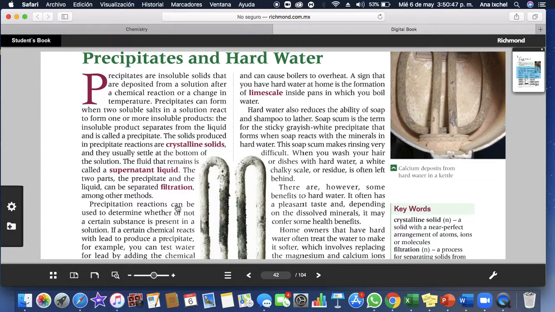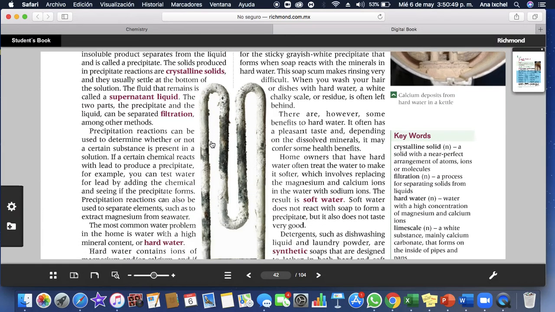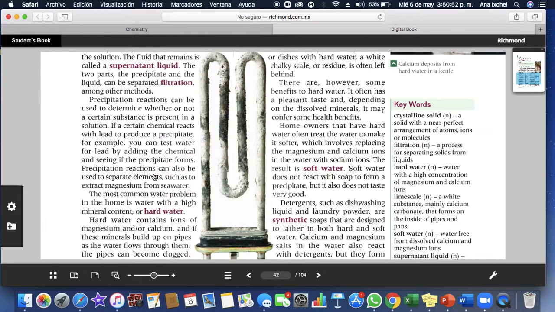Precipitation reactions can be used to determine whether or not a certain substance is present in a solution. If a certain chemical reacts with lead to produce a precipitate, for example, you can test water for lead by adding the chemical and seeing if a precipitate forms.